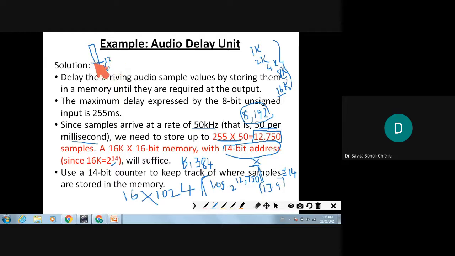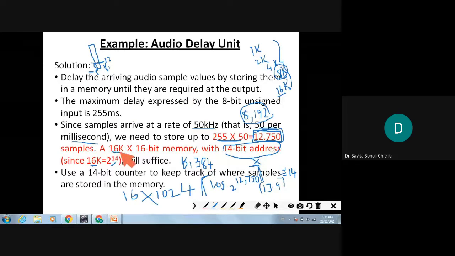That is more than enough, and these many locations will be free. But if I use the lesser memory, 8 kilobytes, then I cannot accommodate all the samples. That's why I am using 16K here. Is it clear to you all?